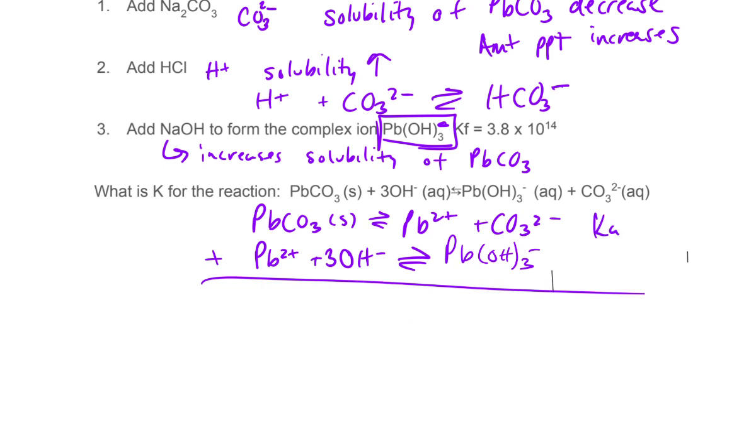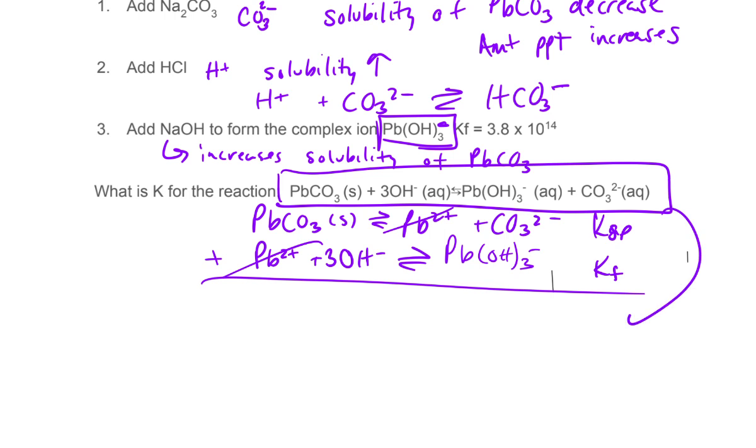So the first equilibrium here with the solubility has a KSP associated with it. The second one has the KF associated with it. When we add these two equations together, the lead ion cancels, and what we're left with ends up being this equation.